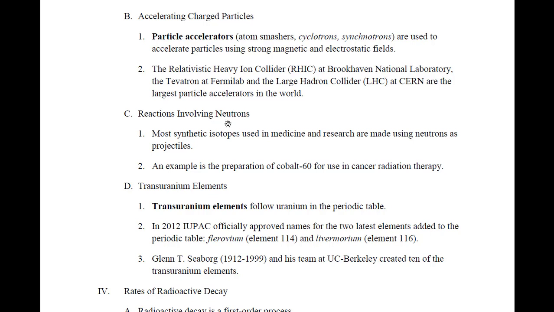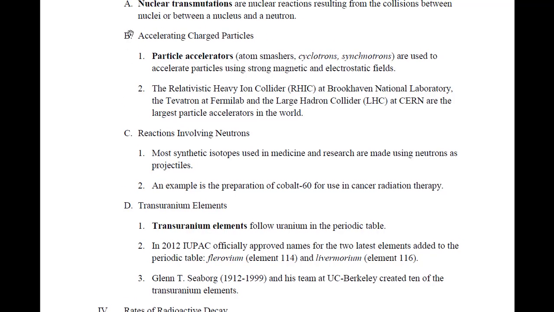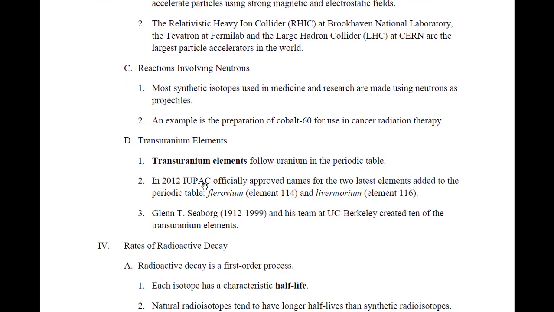We can also take elements below 92, collide them with neutrons and create synthetic isotopes such as cobalt-60. And so cobalt-60 is used in radiation therapy, very, very effective at treating cancer using gamma radiation emission from that.